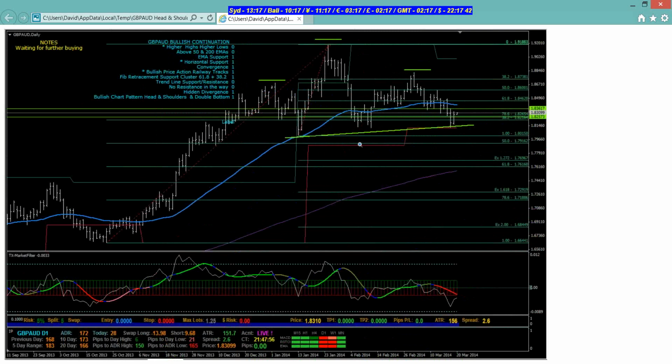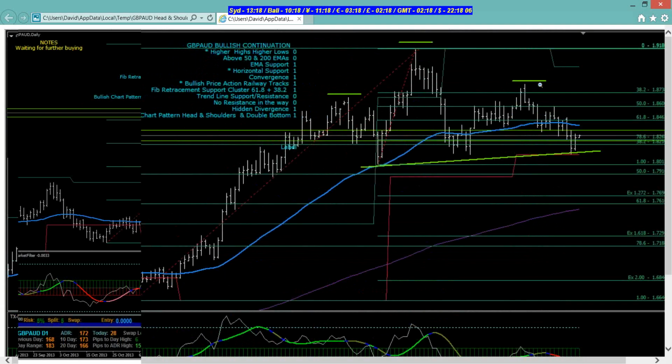So if it breaks this neckline, it's a trade to go short. The right shoulder is a lower high. No, the right shoulder is a higher high. Well, that's your left shoulder. That's your right shoulder. You're not looking at a mirror. This is as if you're looking at the back of somebody's head. So that's your left shoulder and that's your right shoulder.